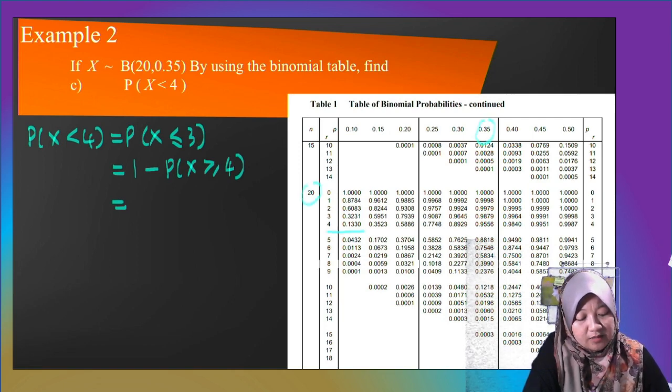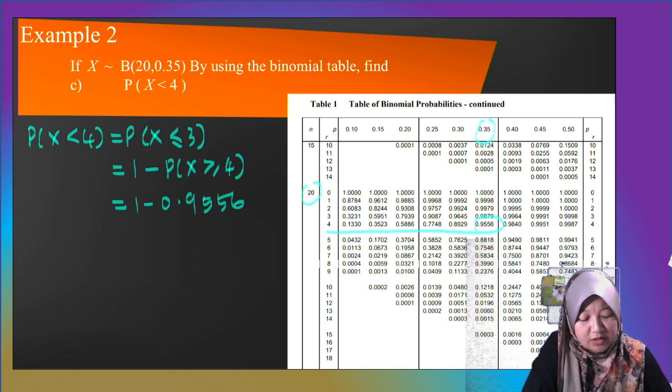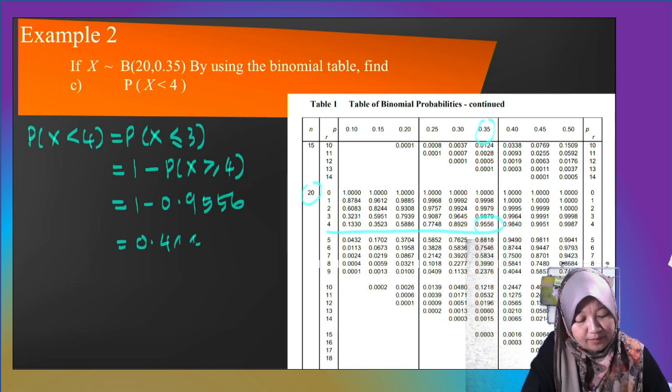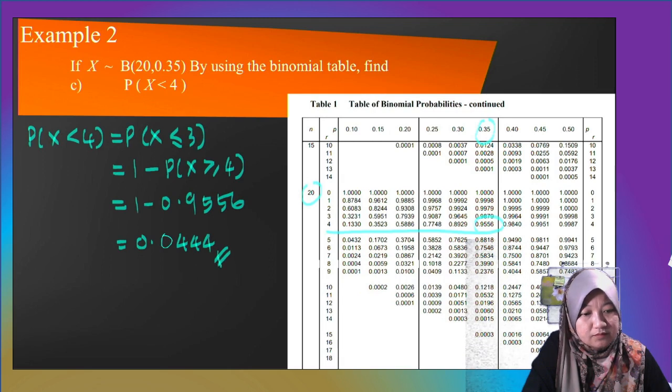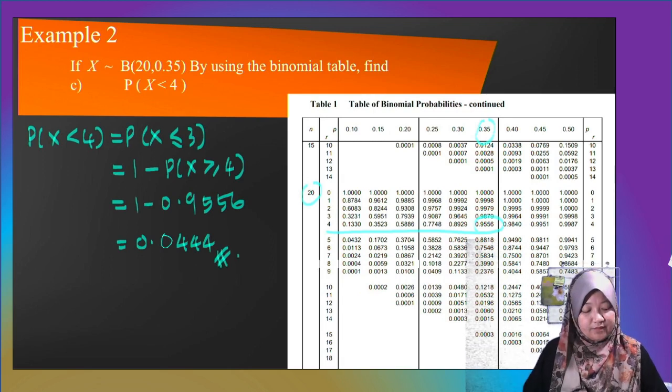Okay, x adalah 4. So, dekat sini adalah 1 tolak 0.9556. So, kita dapat 0.0444. Right?